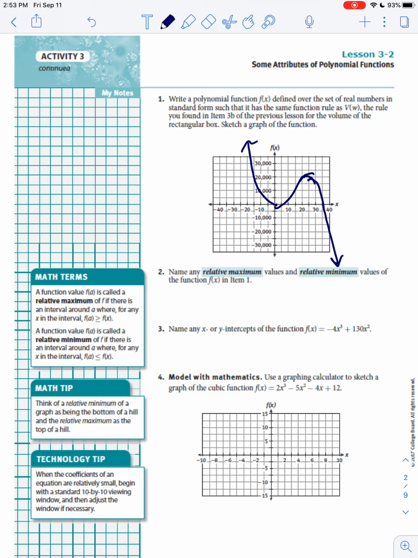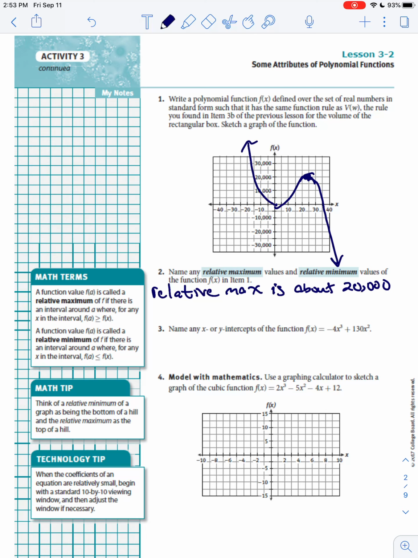For question 2, it says name any relative maximum. A relative maximum would be a high point in the graph. We can see a high point in the graph right about here, and that's about 20,000. So we would say the relative max is about 20,000.